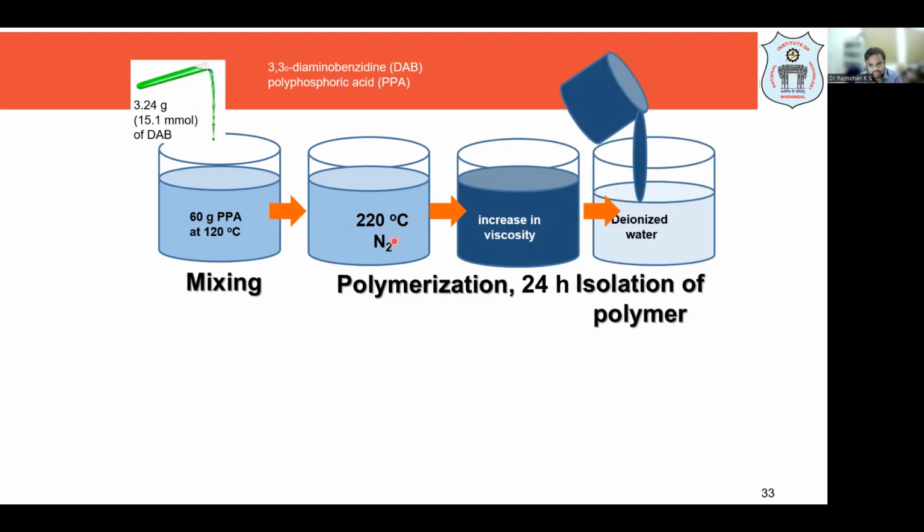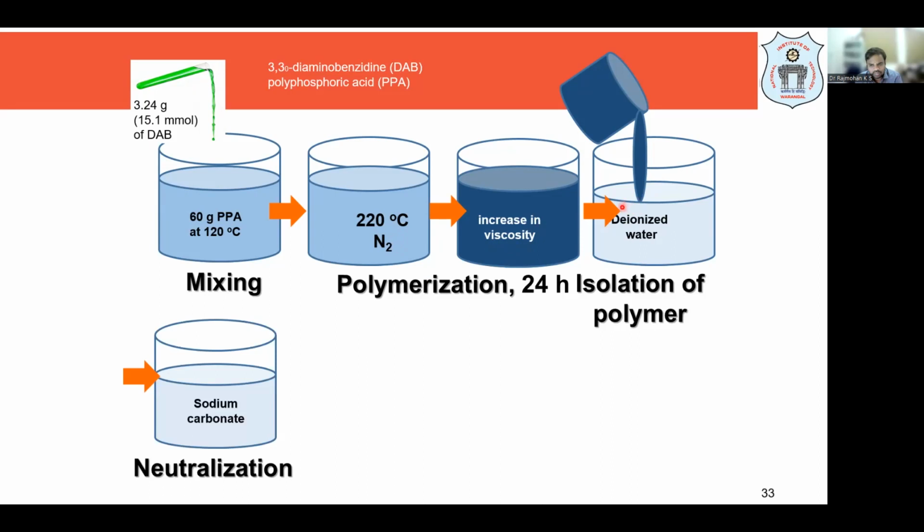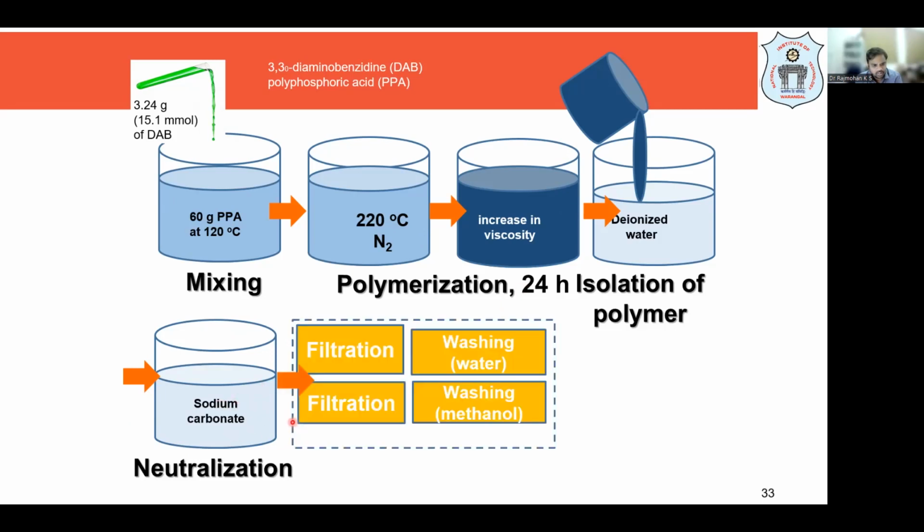Then we want to isolate the polymer. For that, we add deionized water to the system. Then we have to neutralize whatever excess acid is there, so we neutralize it using some sodium carbonate. Then that final product is filtered, washed with water, filtered again and washed with methanol.